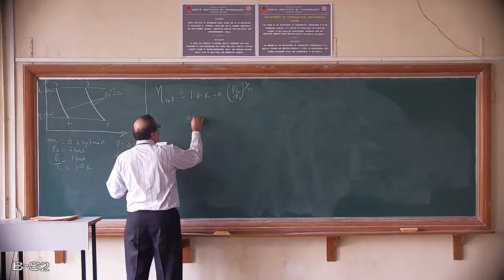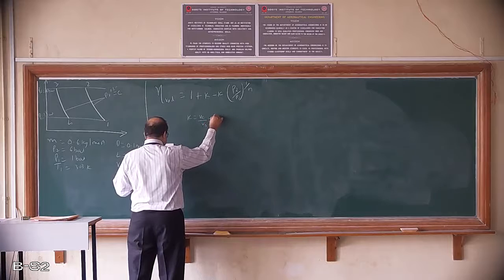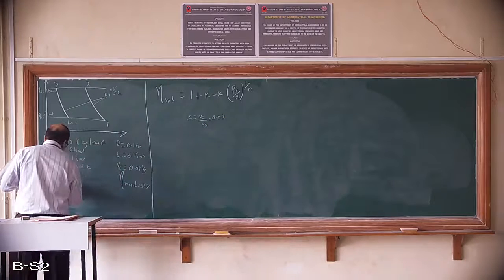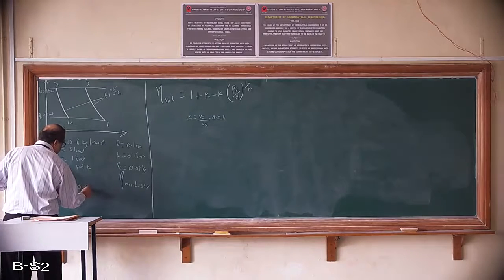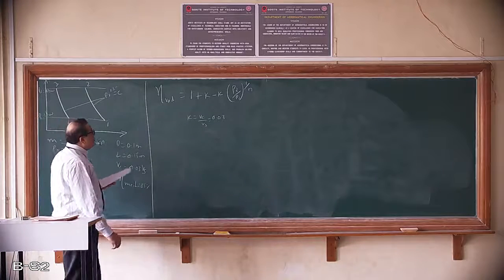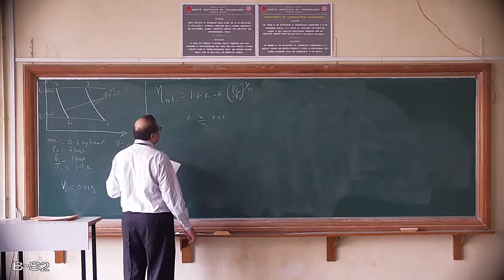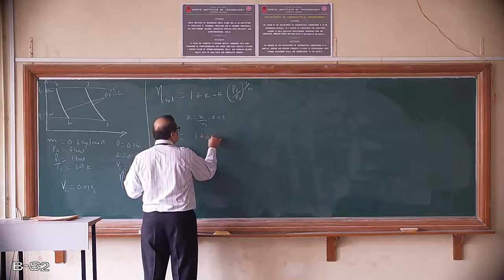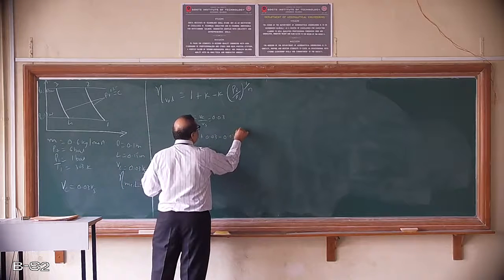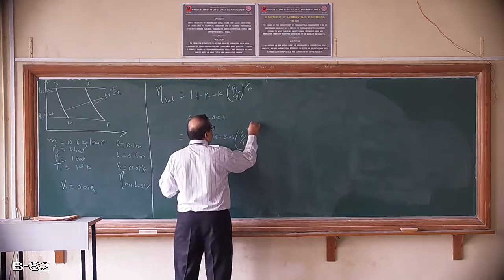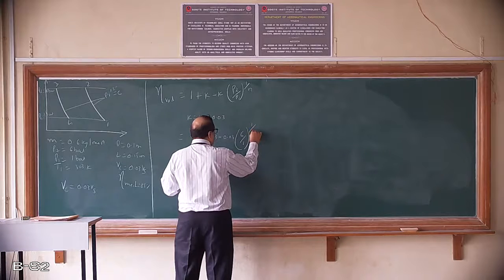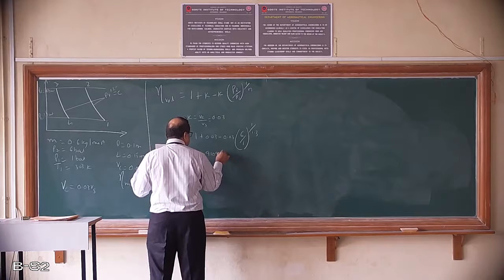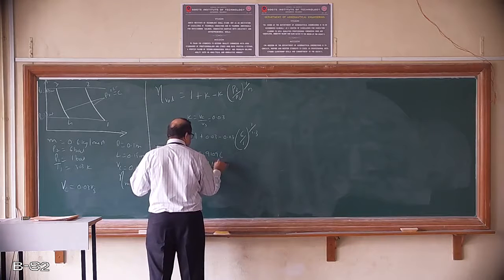K is Vc by Vs, which is given as 0.03, because Vc is equal to 0.03 Vs. So substitute here: 1 plus 0.03 minus 0.03 into (6 by 1) to the power of 1 by 1.3. We get this as 0.91096, which comes to around 91.06%.